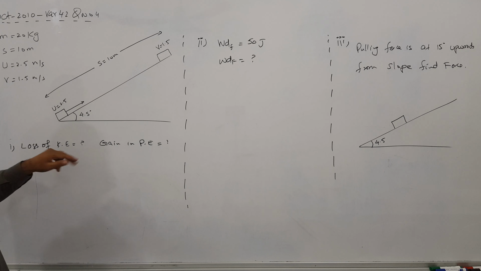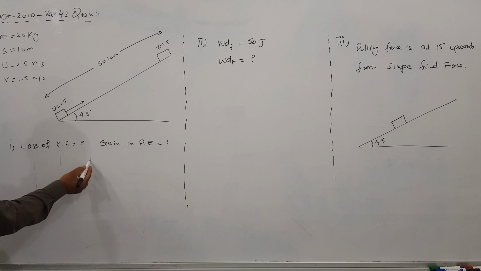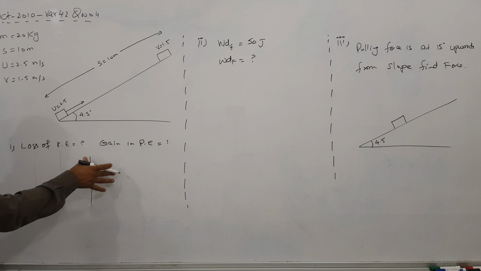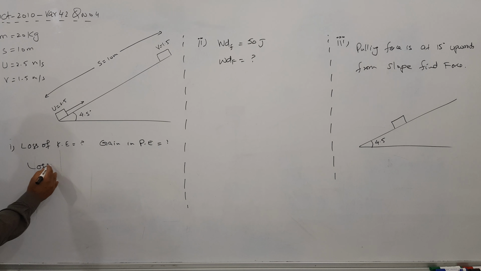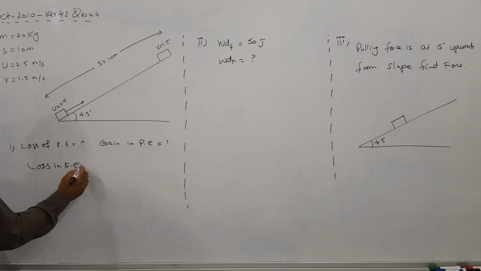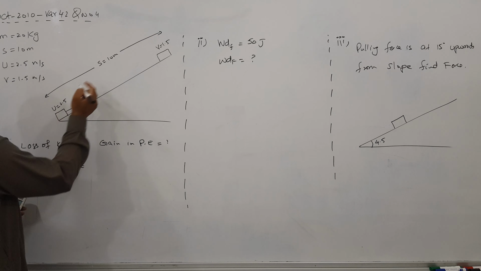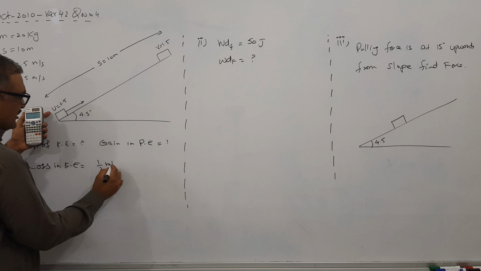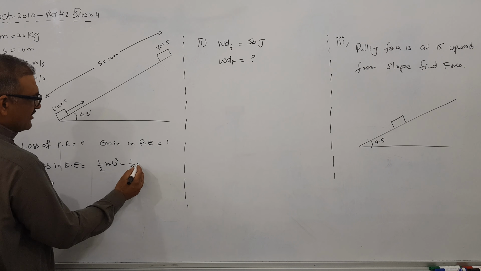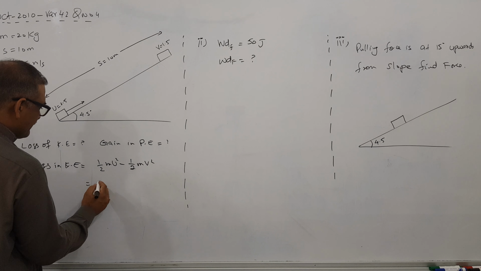So the loss in kinetic energy we have defined. It's a simple way. Loss in kinetic energy we can find like this. Naturally it is bigger here, lesser here. So I can say half m u squared minus half m v squared.